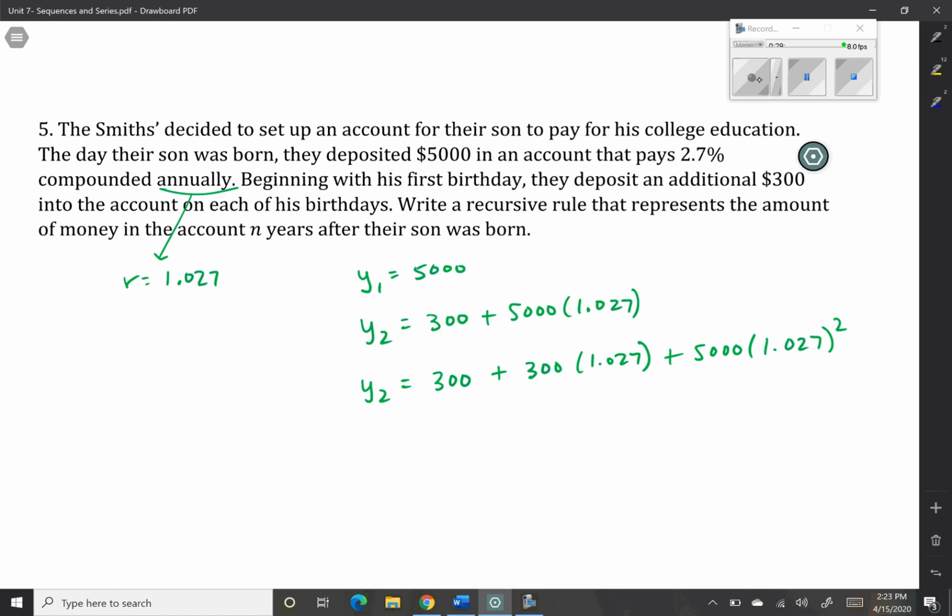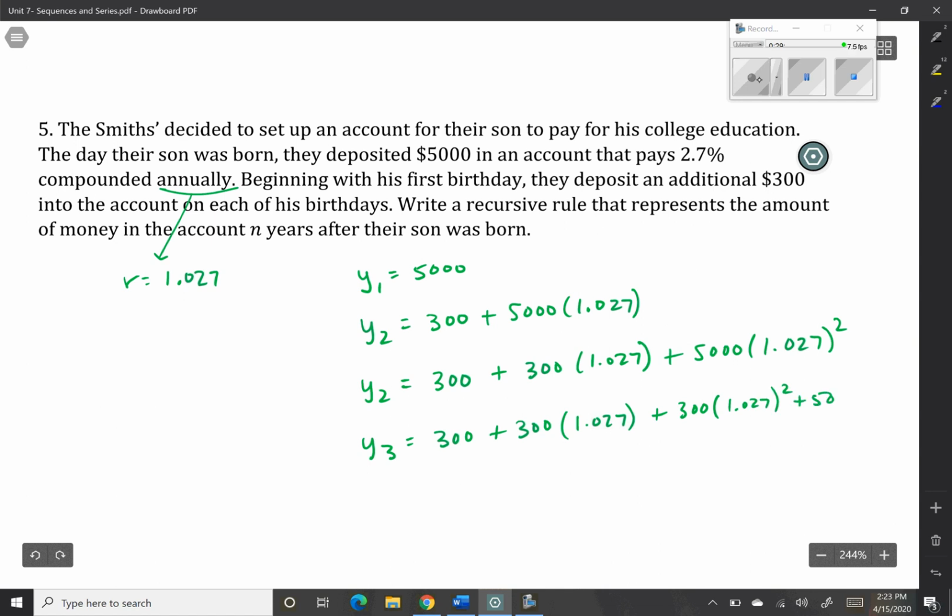So if I want to find year 3, there will be another $300. The previous year's $300 gets another 1.027. The second year's value gets another 1.027, so that would be squared. And the original $5,000 is going to be 1.027 to the 3rd power.